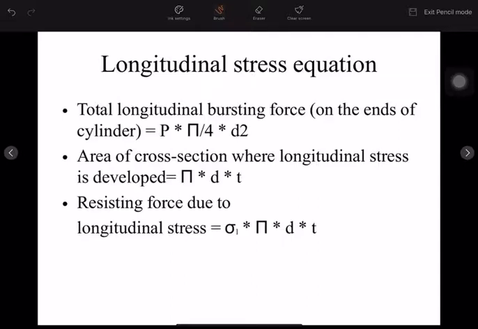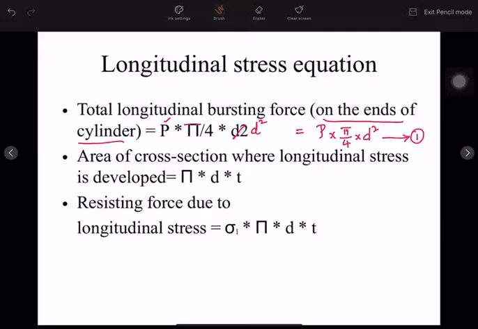Here, the longitudinal bursting force which is acting on both ends of the cylinder can be written as P into pi by 4 into d square. This is the first equation.